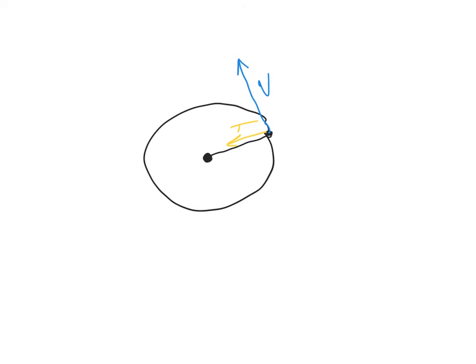So the question I ask, and this is how we talked about it, speed. What's going on with the speed? Well, it's a dune buggy, so that speed is constant. Does that mean that the velocity is also constant? And the answer is no, because velocity has speed and direction. So the velocity is always changing.